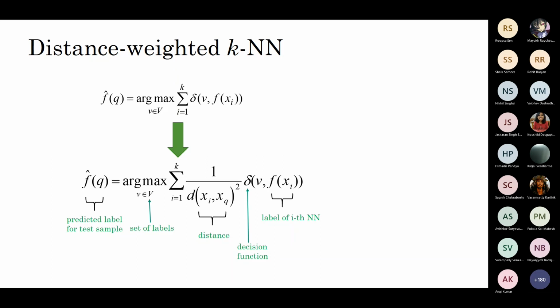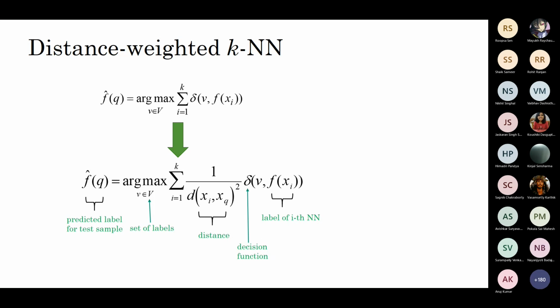Sir, why are we considering only k nearest neighbors here? Because if the weight is downplaying the role of the other neighbors, why can't we consider every neighbor? There are two reasons for that.